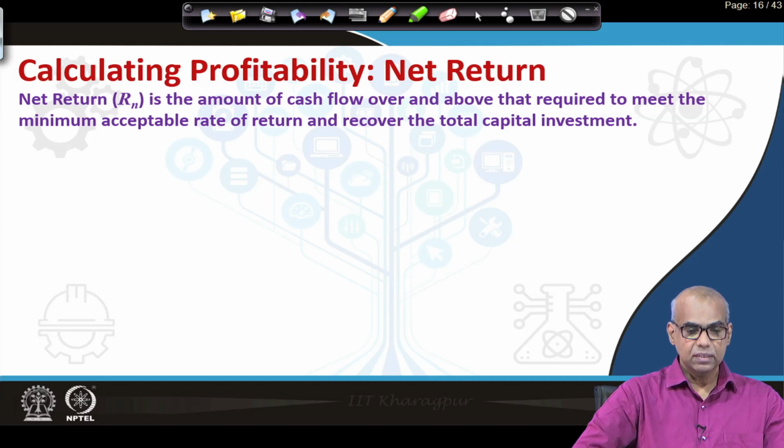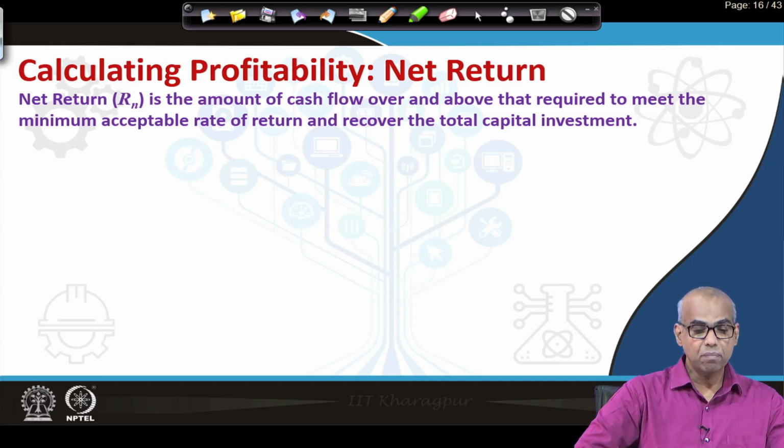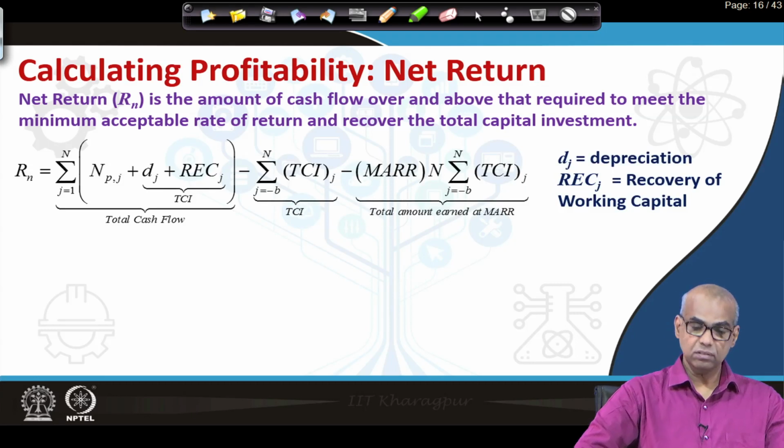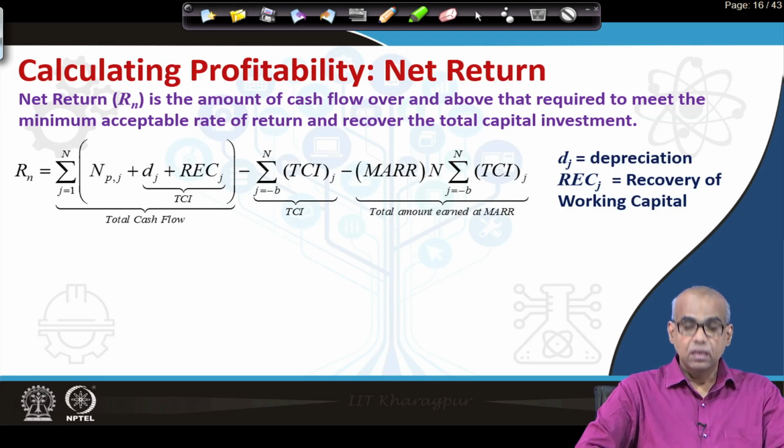So, we define net return as the amount of cash flow over and above that required to meet the minimum acceptable rate of return and recover the total capital investment. So, in terms of equations, it is represented as follows.